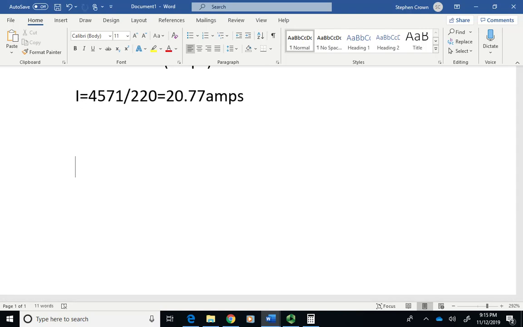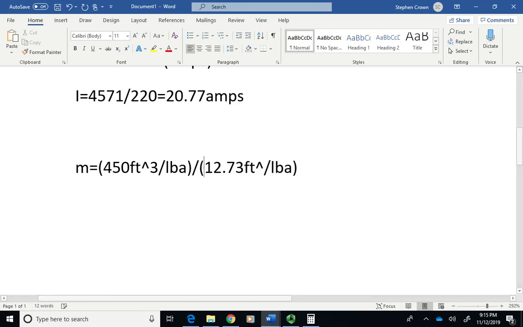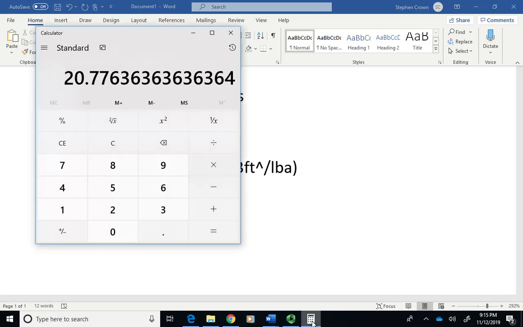So m dot equals 450 cubic feet per minute (just put that in parentheses so I know it's not the units) divided by 12.73 cubic feet per pound. So 450 divided by 12.73 gives 35.35.